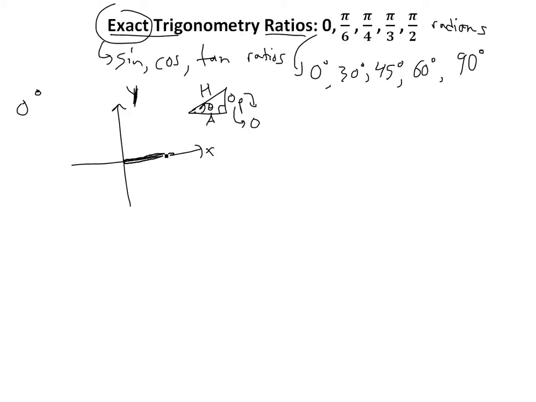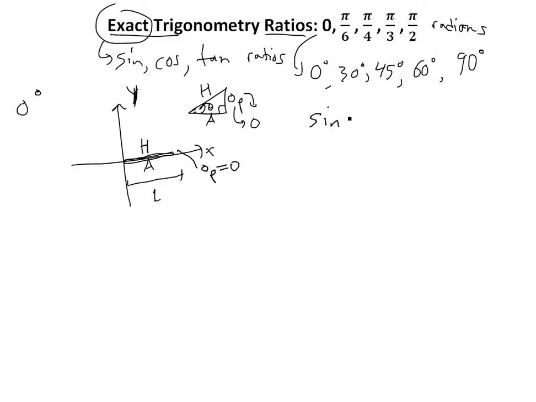Okay, let's say this is length 1. This is the opposite and this is the adjacent, and this is the hypotenuse, and the opposite equals 0. So from these you get exact ratios.